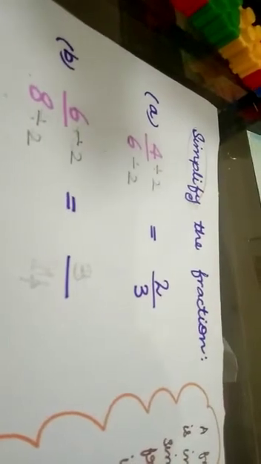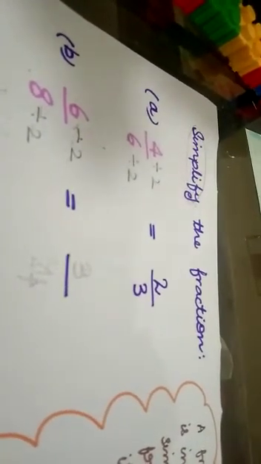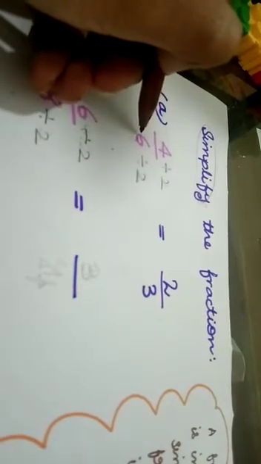In finding the equivalent fraction, you are multiplying the number in the numerator and the same number in the denominator, right? But in division, it is slightly tricky as every number cannot be divided. Sometimes it happens that, for example, here 6 can be divided by 3, but 4 cannot be divided by 3, so we cannot go for 3. 6 can be divided by 2 and 4 can be divided by 2.